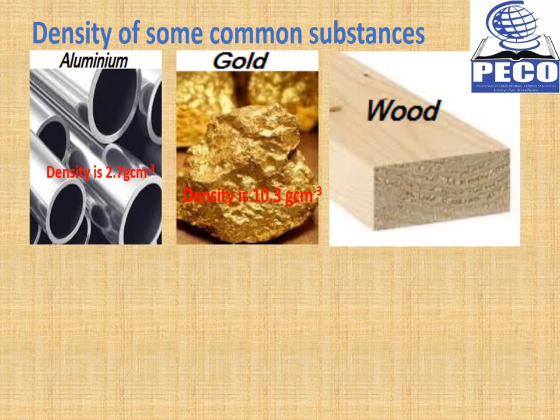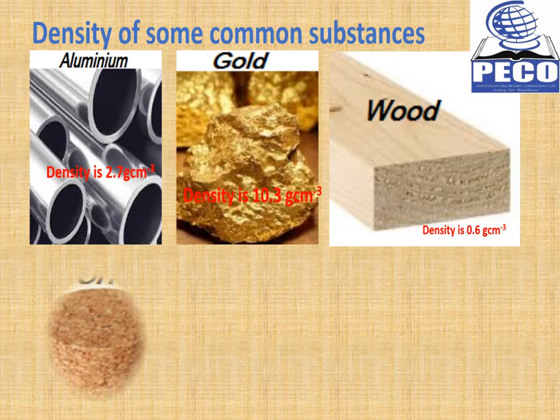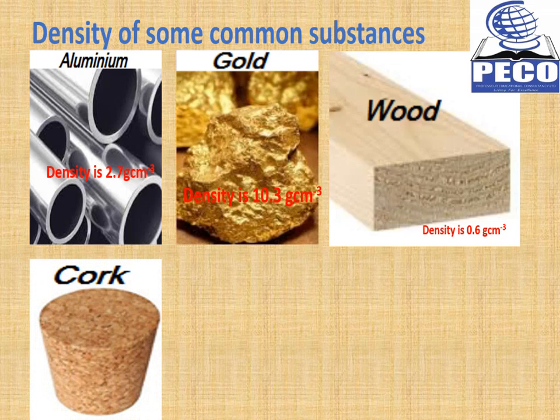Then you have wood. The density of wood is just 0.6 grams per cubic centimeter. Coke is lighter than wood, 0.3. It's less dense, 0.3.